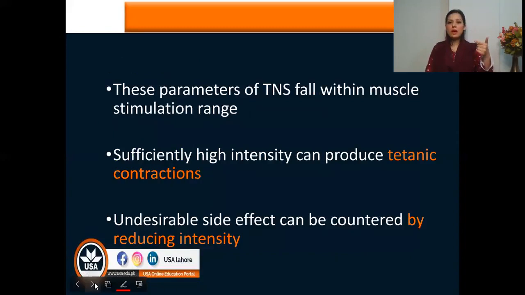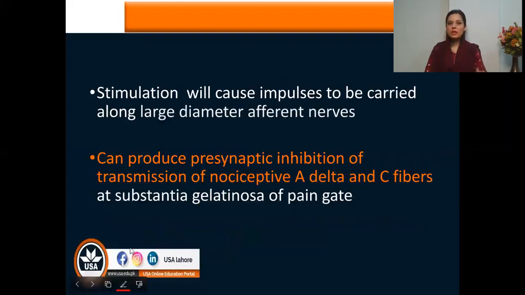What is actually going to happen? What are these parameters actually going to do? These parameters are going to cause muscle stimulation, and this frequency is sufficient enough to cause stimulation of the large diameter fibers. As you stimulate, it is going to be carried through the large diameter afferent fibers.